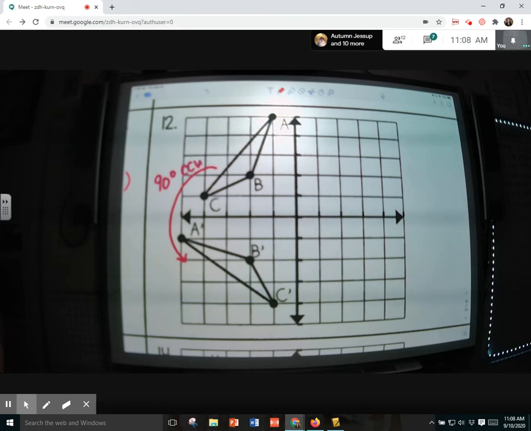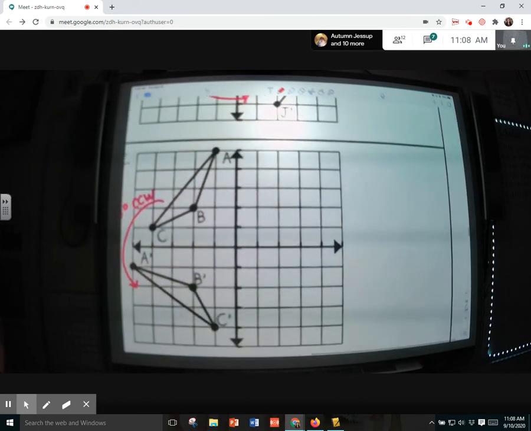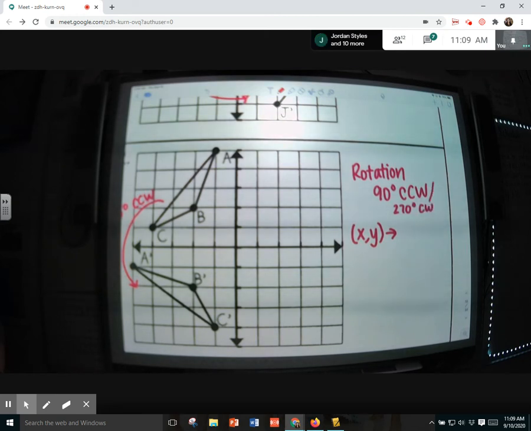So I have a rotation of 90 degrees counterclockwise, or you could write 270 clockwise. My x's and my y's have to switch. And then which one will be negative if I'm going this way? The y sign changes.